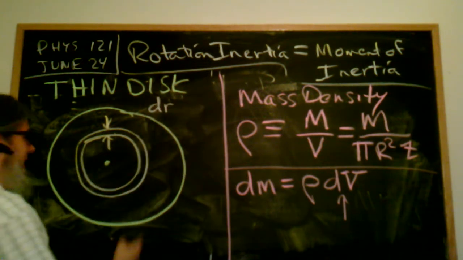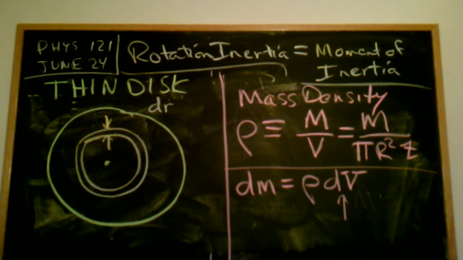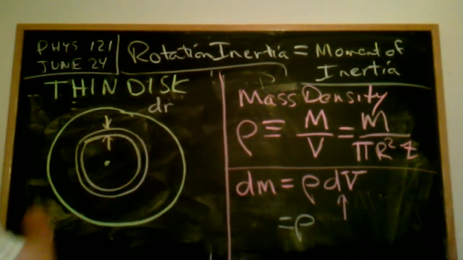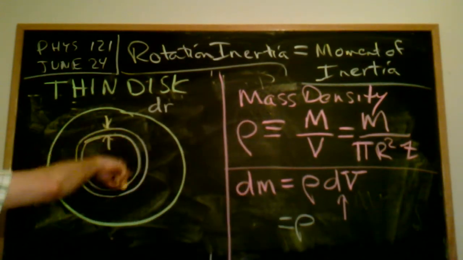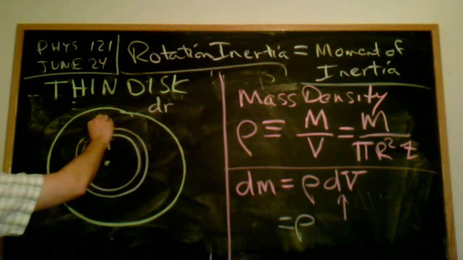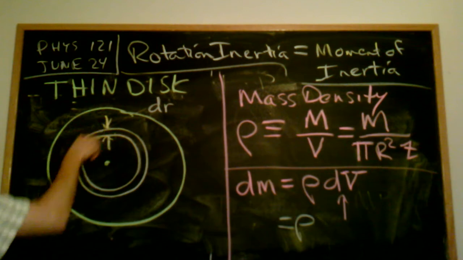And then, of course, I can ask, well, what is the volume of material that is basically incorporated around that little bit? So in other words, dm is just equal to rho times the volume of material in the annulus. Well, the volume of material in the annulus is approximately, in the limit that dr gets small, the circumference times that thickness.